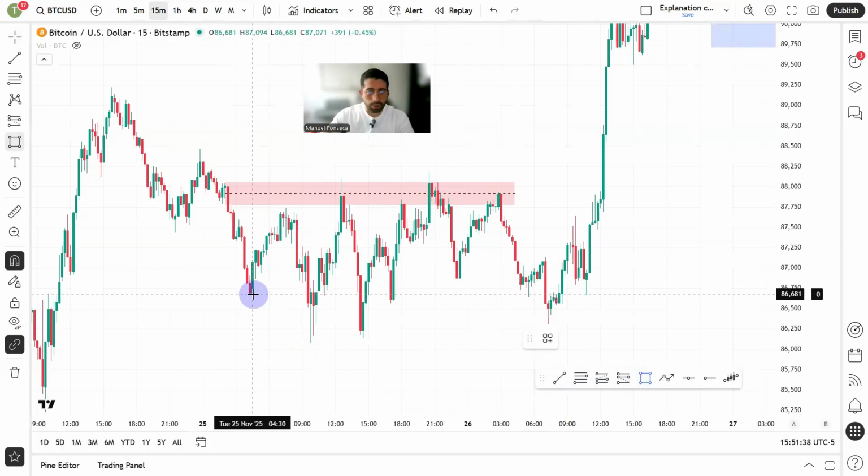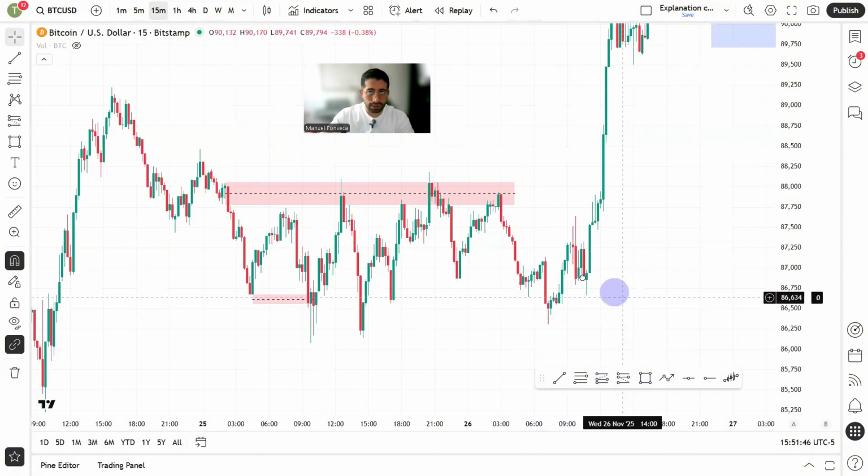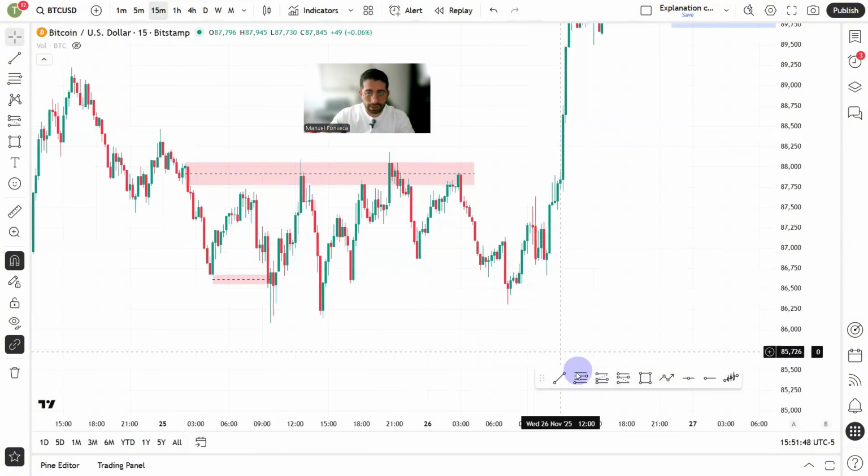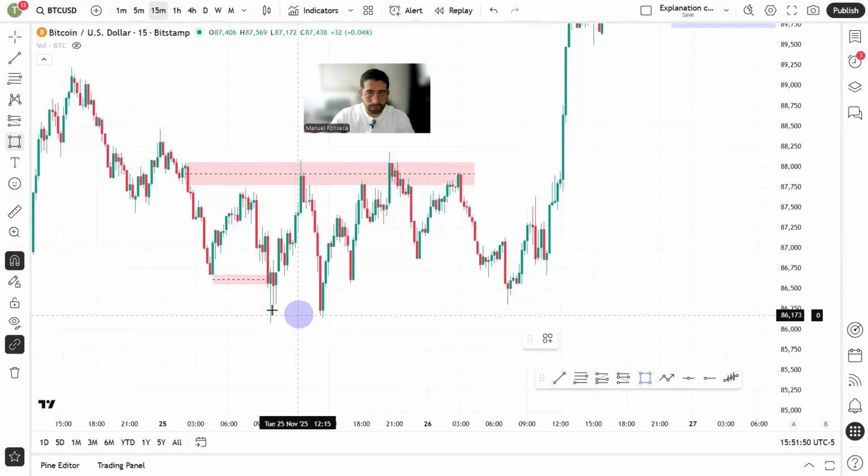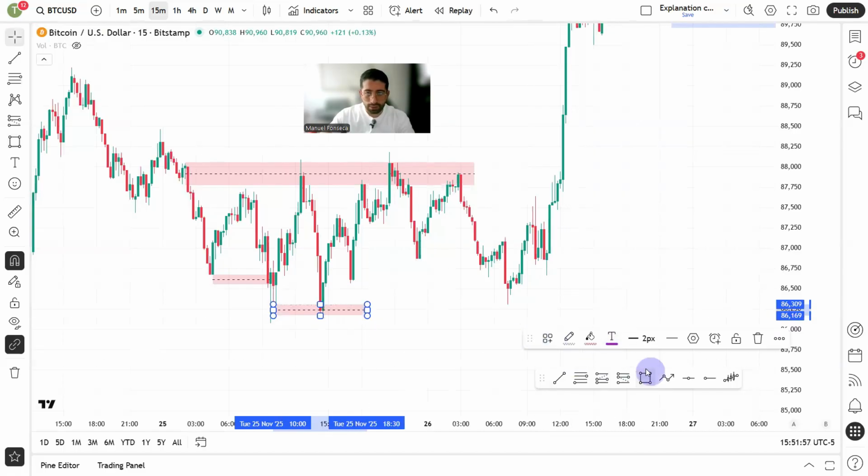For example, people who were buying here, they were executing orders here, and after this low, they say no, we're out. But then they see a double bottom pattern right here, and they say, okay, good, we're good, right? We're good.